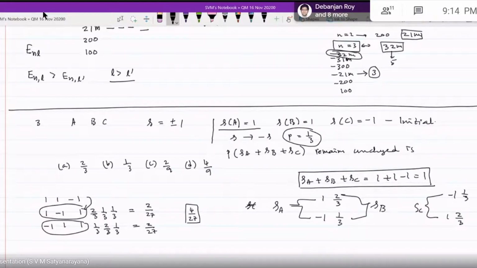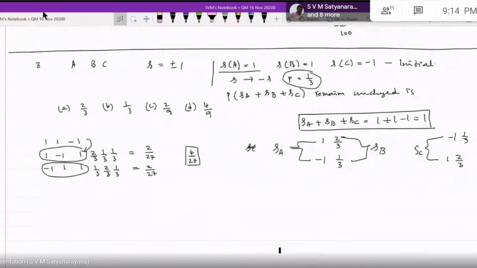And they are independent. Yes. Are there more possibilities, or have I listed all of them for SA plus SB plus SC to be unchanged? So totally there will be eight permutations.